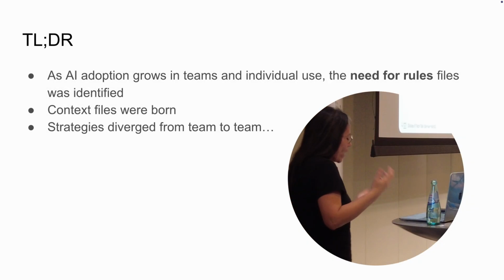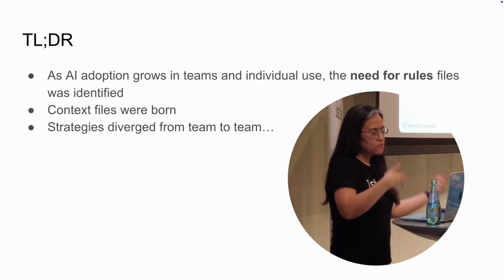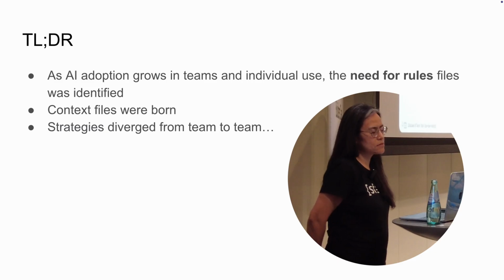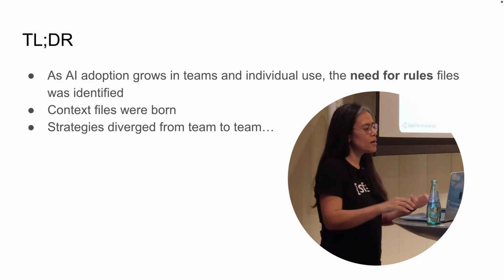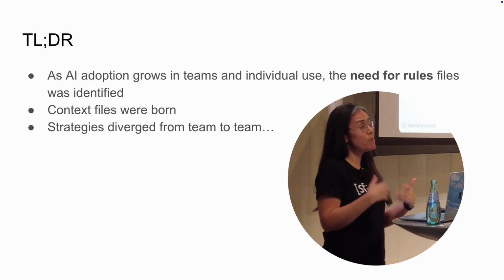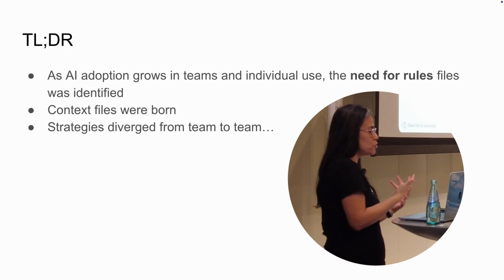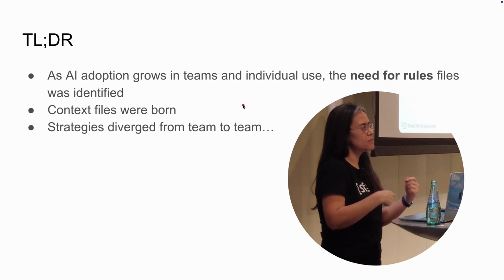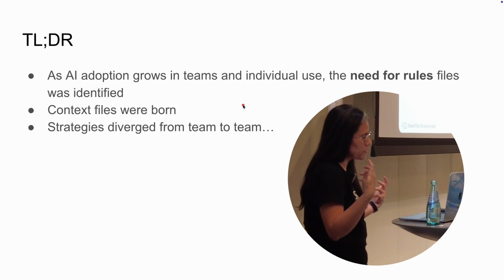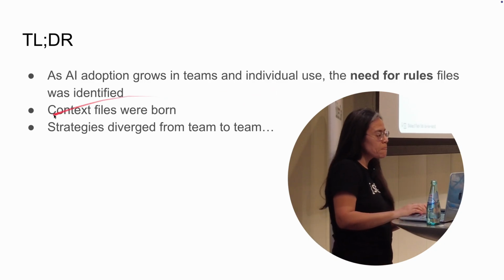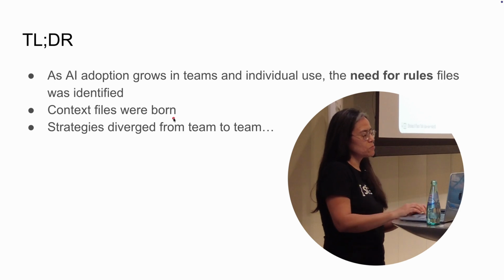And why those files? Again, if you attended the previous sessions, I think you already know. We need more rules to have better answers, basically to better use those AI agents. And since the adoption of AI coding tools is getting bigger and bigger, we need those rules. So that's why those context files were born.